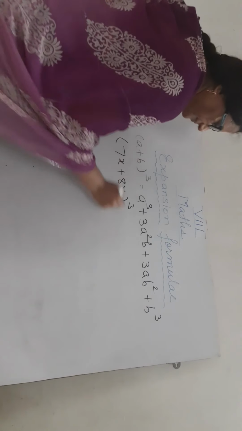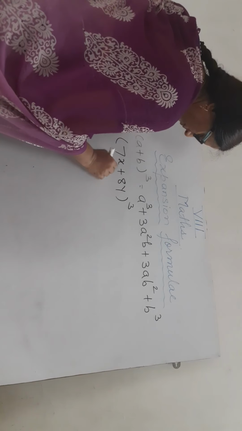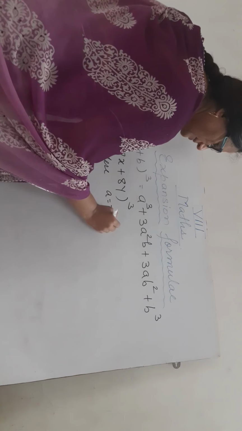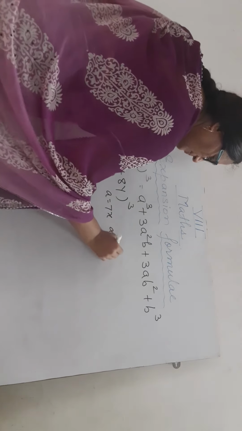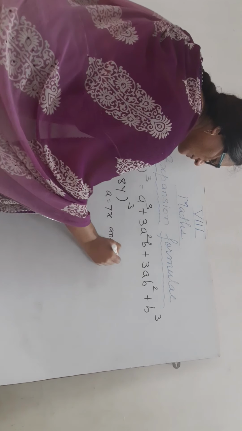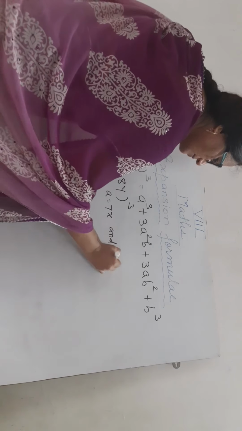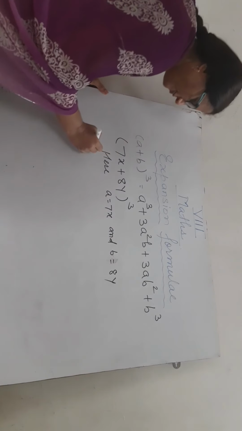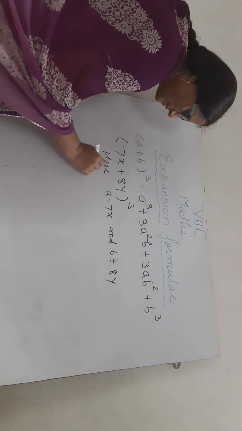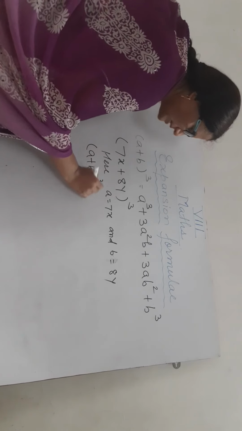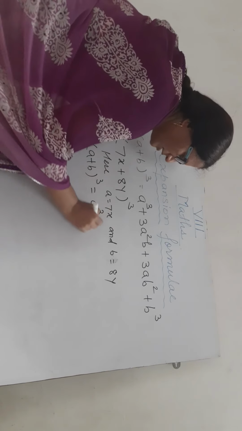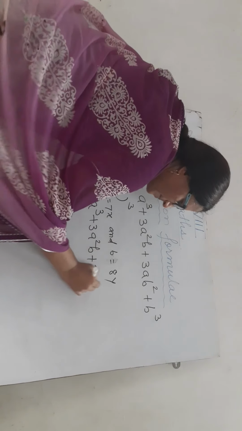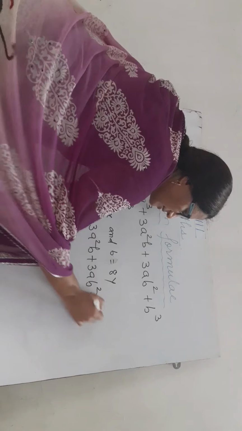Here A is equal to 7x and B is equal to 8y. Therefore, formula is (A plus B) whole cube is equal to A cube plus thrice A square B plus thrice A B square plus B cube.